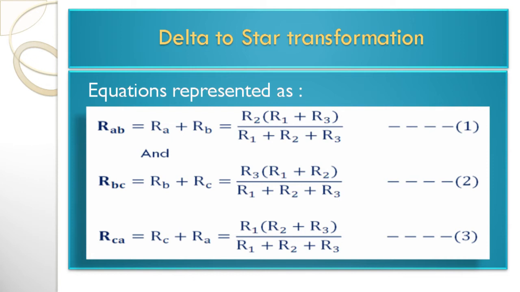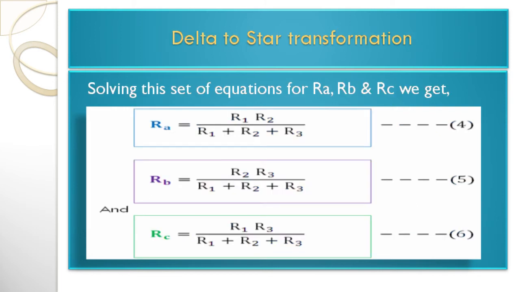Similarly, the resistance between terminals C and A in the star network is RC plus RA, equivalent in the delta network to R1 in parallel with R2 plus R3. In equation form, R1 multiplied by R2 plus R3, divided by R1 plus R2 plus R3, which is equation 3.